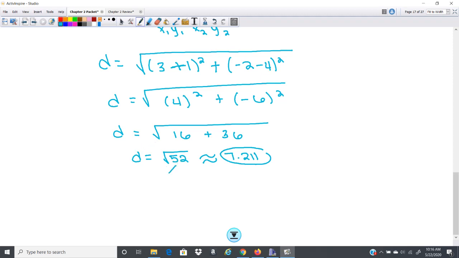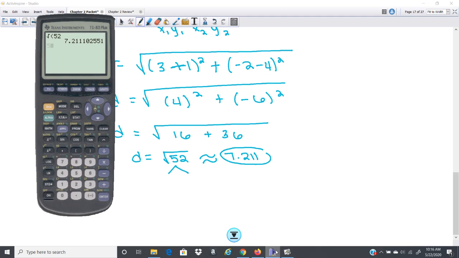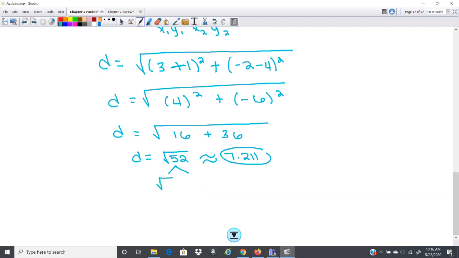I believe I can pull a 4 out of that. Yeah, 4 and 13. So I'd have the square root of 4 times the square root of 13, and the square root of 4 is 2. So I'd have a 2 radical 13. That is my simplified answer. And then 7.211 is my approximate answer, rounded to 3 decimal places. So it's going to depend on the directions on how you're going to want to answer these.